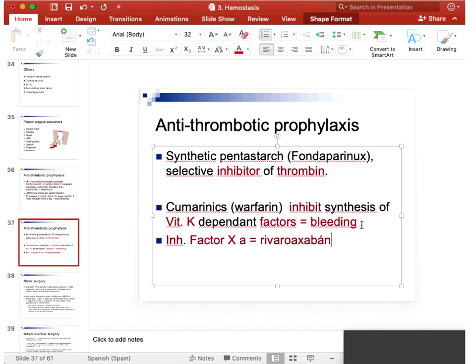And we have fewer adverse effects, and this is great because we give them orally once a day. So this has been a revolution in the anticoagulant therapy.